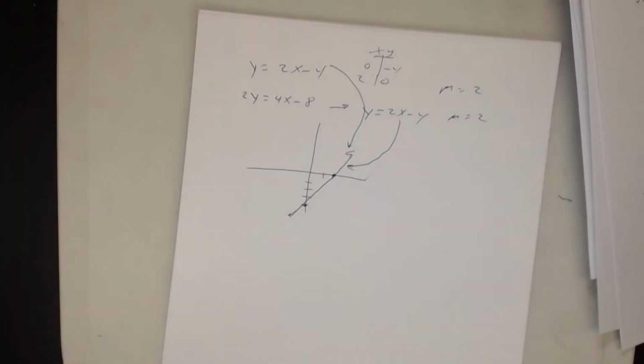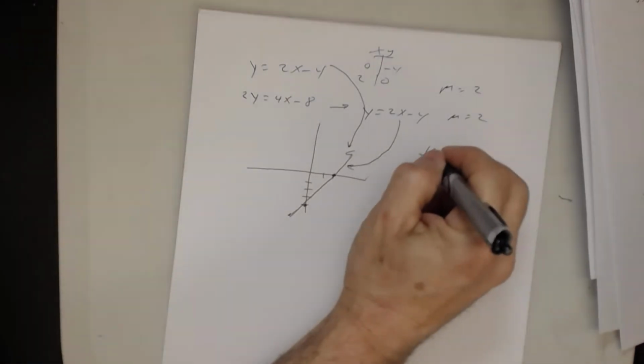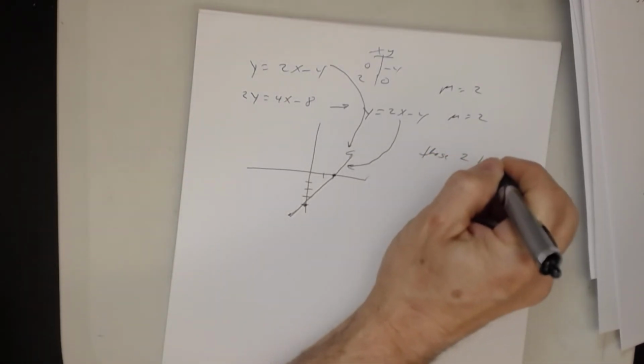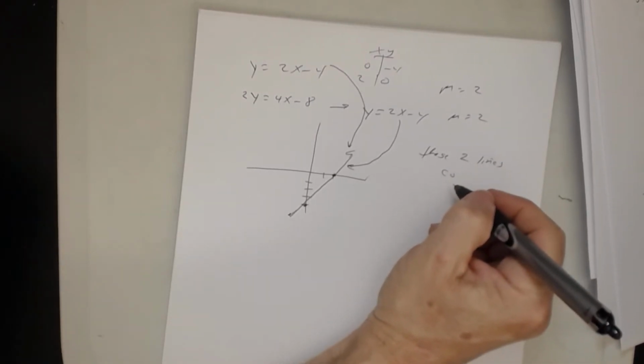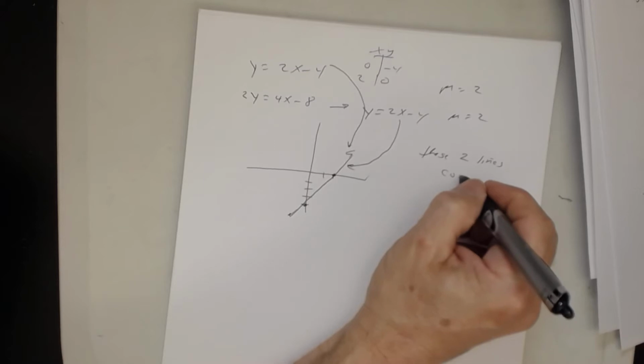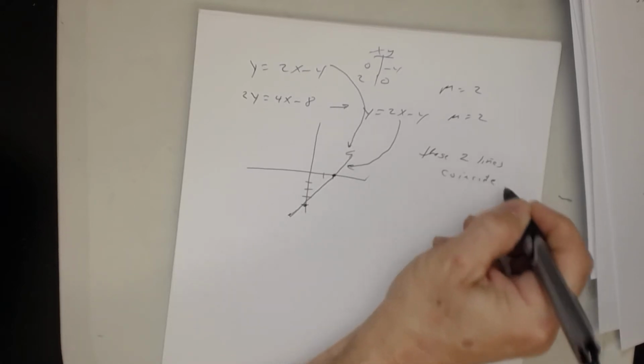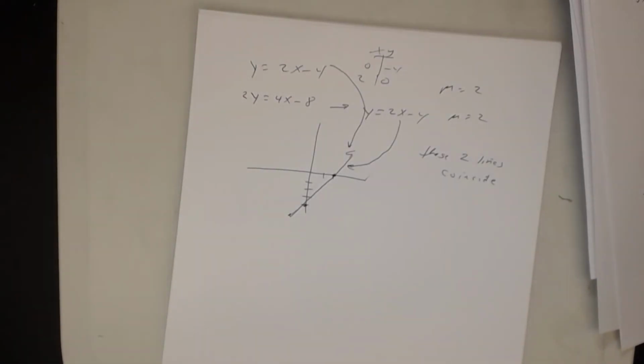That one. So in the world of math, are those considered two different lines? No, they're the same line that we say just coincide. These two lines coincide. We don't say they're parallel because parallel lines do not intersect. Coincide. So they overlap.